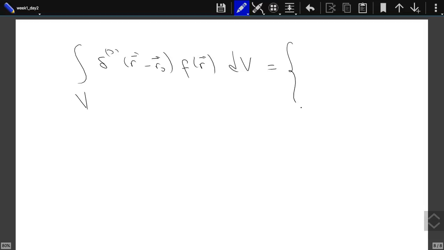This is equal to f of r0 if r0 is in my volume. It is 0 if r0 is not in my volume. So this time I'm integrating over some volume. Let's say if my volume has this shape and my r0 is over here, then this integral just gives me 0, because the argument of the Dirac delta is never 0 within my volume.